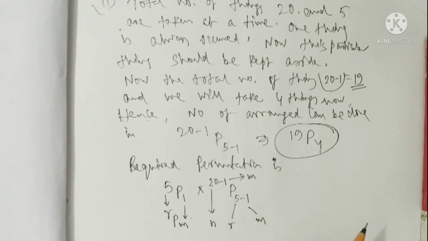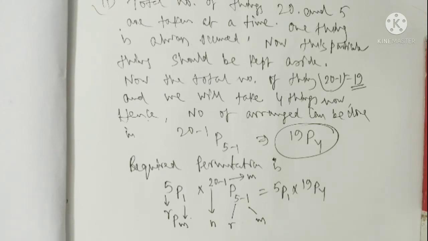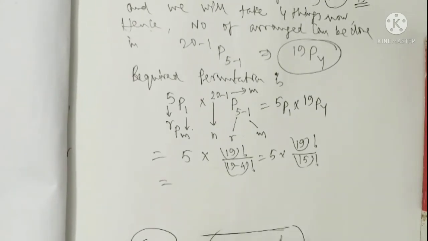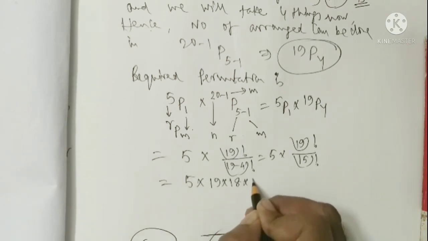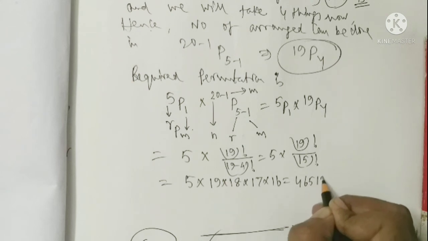The restriction is applied with this structure, and it will be 5P1 into 19P4, that is 5 into 19 factorial by 19 minus 4 factorial, that is 5 into 19 factorial by 15 factorial, that is 5 into 19, 18, 17 and 16, and it will be 465120.